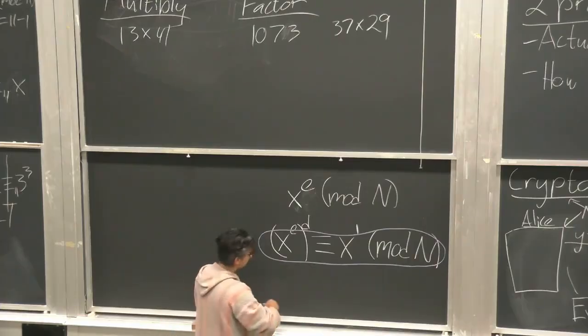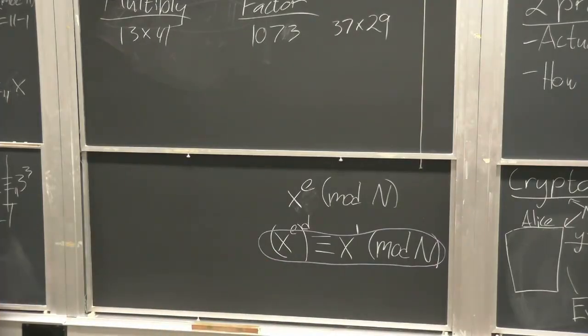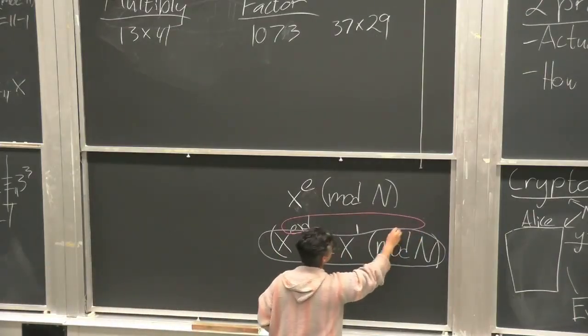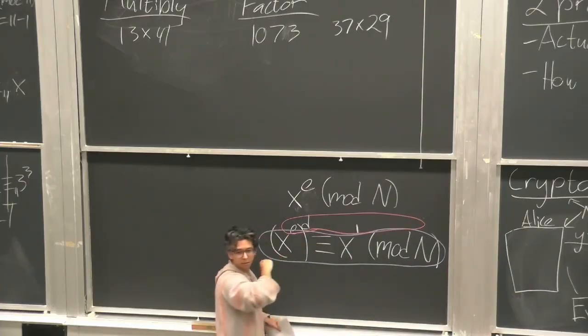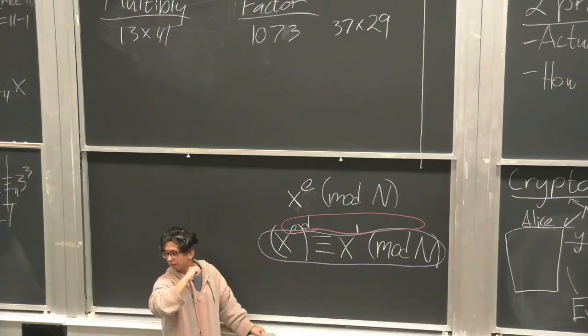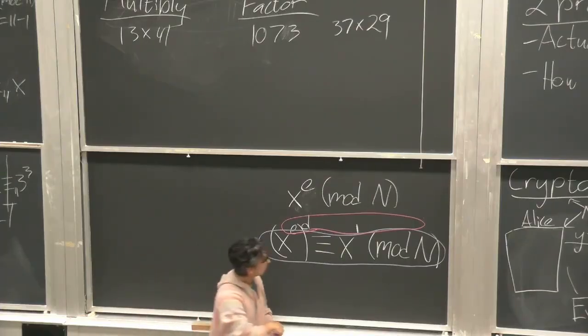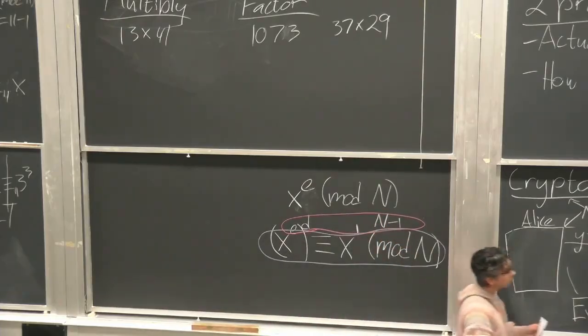Up here in exponent land, we want e times d to be 1. What's the modulus up here? What's that? Yeah, so n minus 1 is exactly what we were doing for Fermat's little theorem.